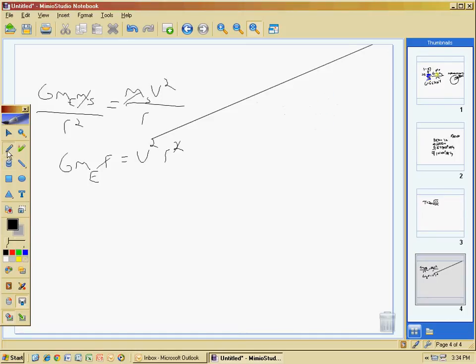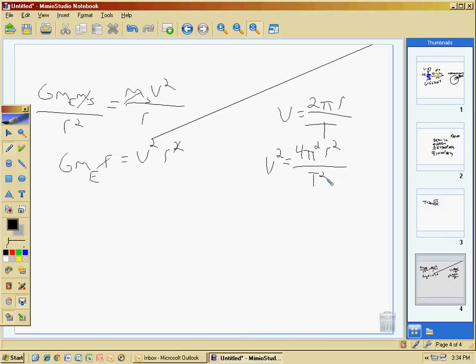So here's the thing. What we're going to do is square this, which means v squared equals 4 pi squared r squared over T squared.